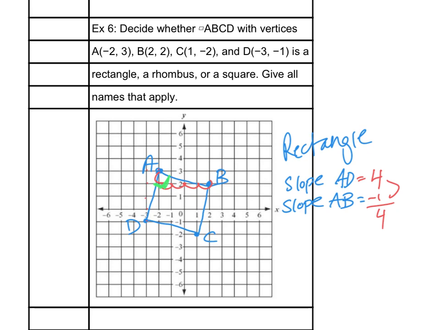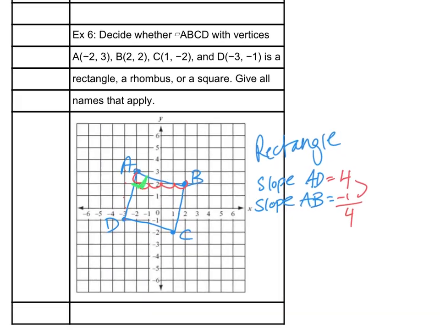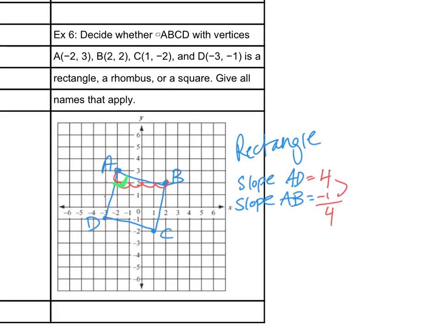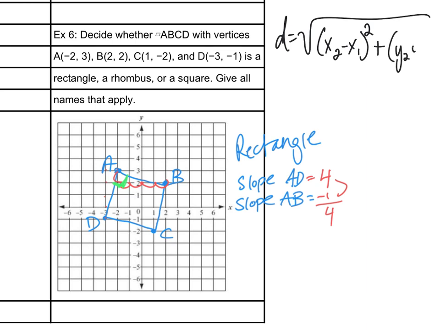I'll go ahead and use the distance formula since I know the coordinates already. Over here on the right, I'm going to write the distance formula at the top in case you have forgotten it. It's the distance between the x vertices squared plus the distance between the two y vertices squared, and then the square root of that sum. So I'm going to find AB right now.